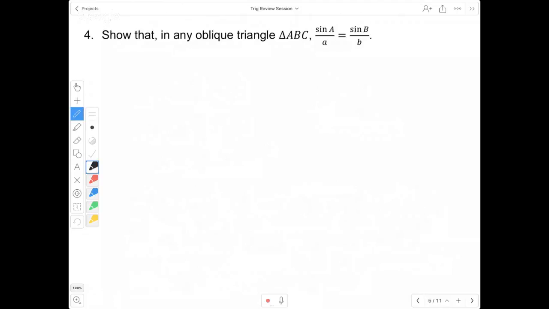Let's draw some oblique triangle ABC. Arbitrary oblique triangle.